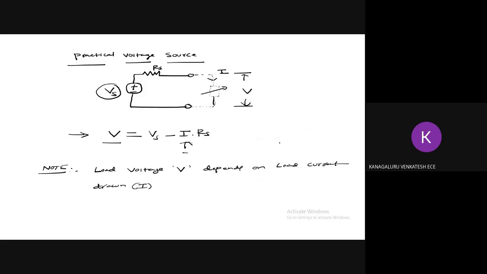The same thing graphically, how we could represent is, if you recall your ideal case, with respect to your load current, the load voltage is a constant, a straight line. This is for the ideal case.